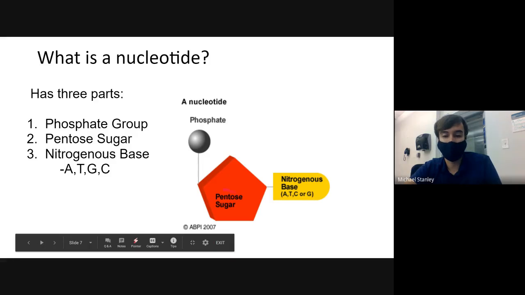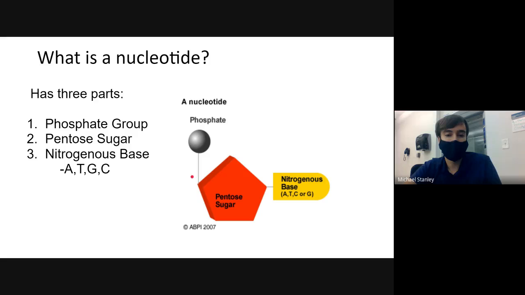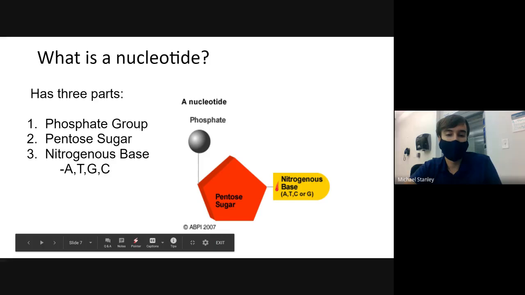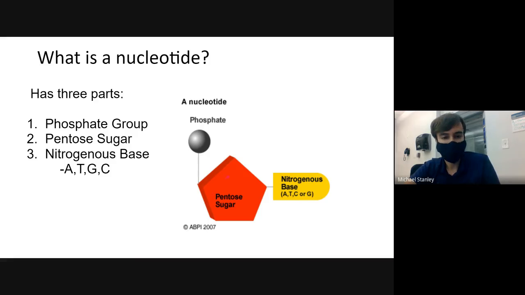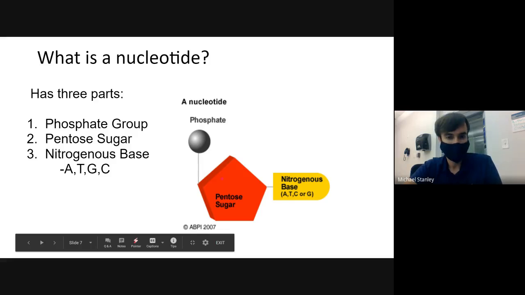So a pentose sugar is a sugar molecule made up of 5 bonds. It's called a pentose sugar because it's a 5-sided sugar.